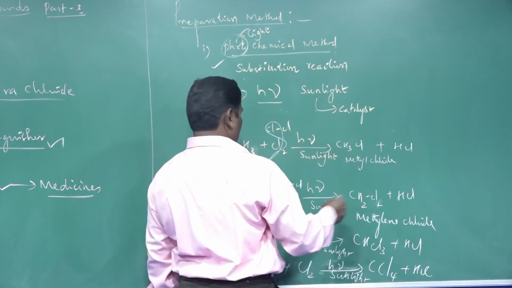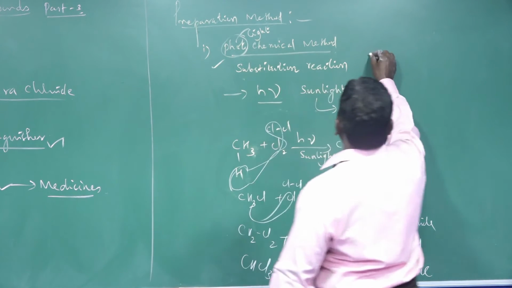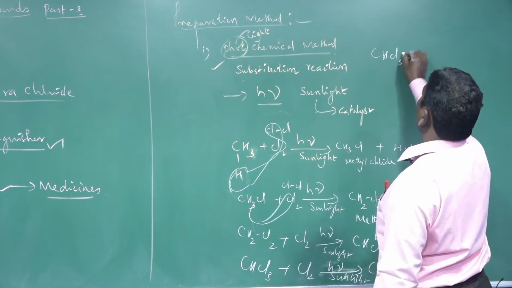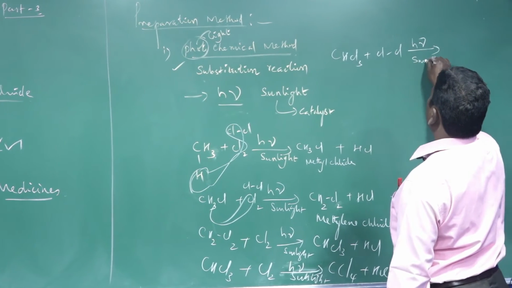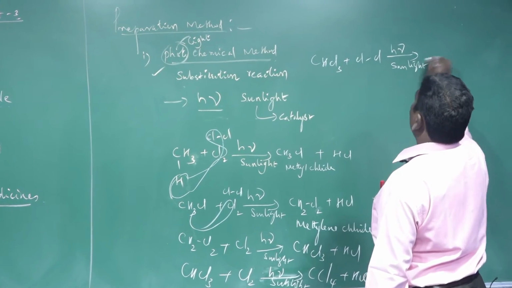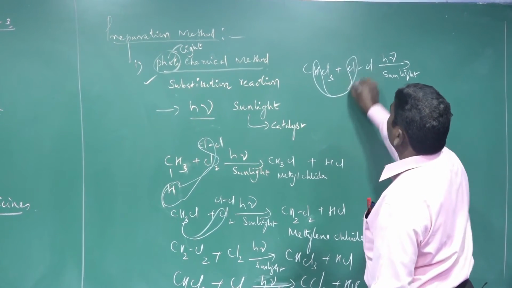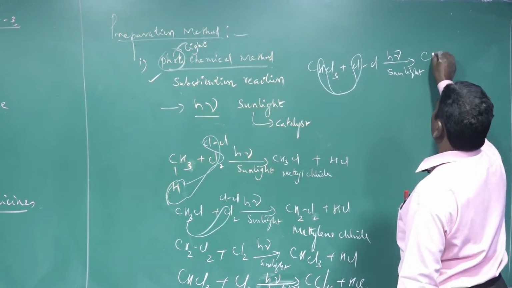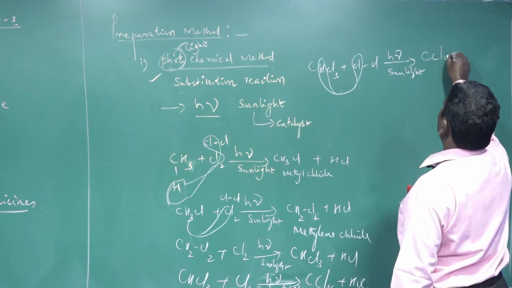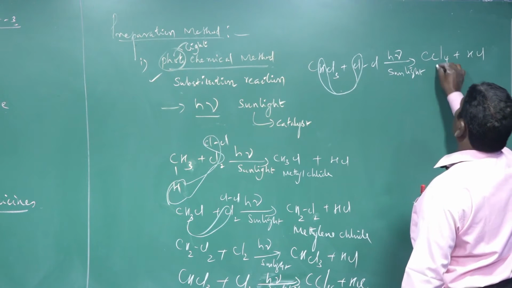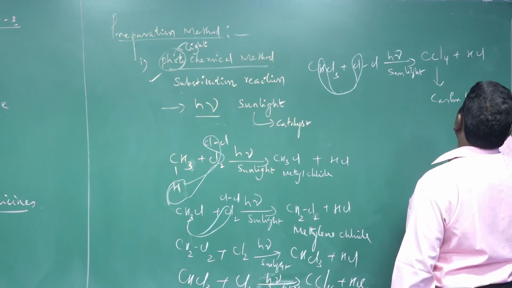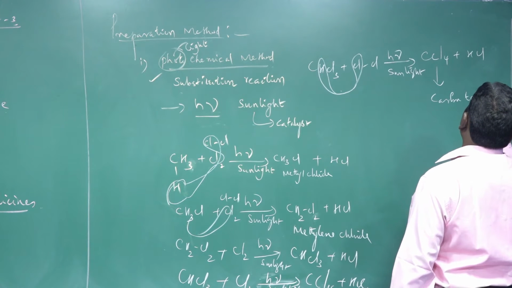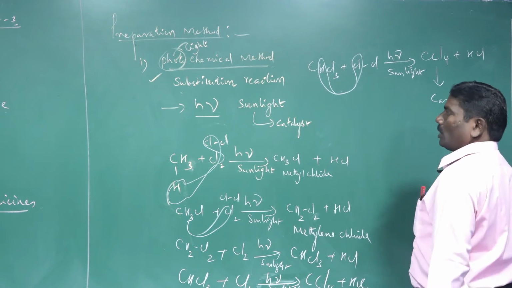Write the reaction now: CHCl3 plus Cl-Cl in presence of hv sunlight. Chlorine substitutes the hydrogen, and the product formed is CCl4 plus HCl. This is carbon tetrachloride. This is the first technique.